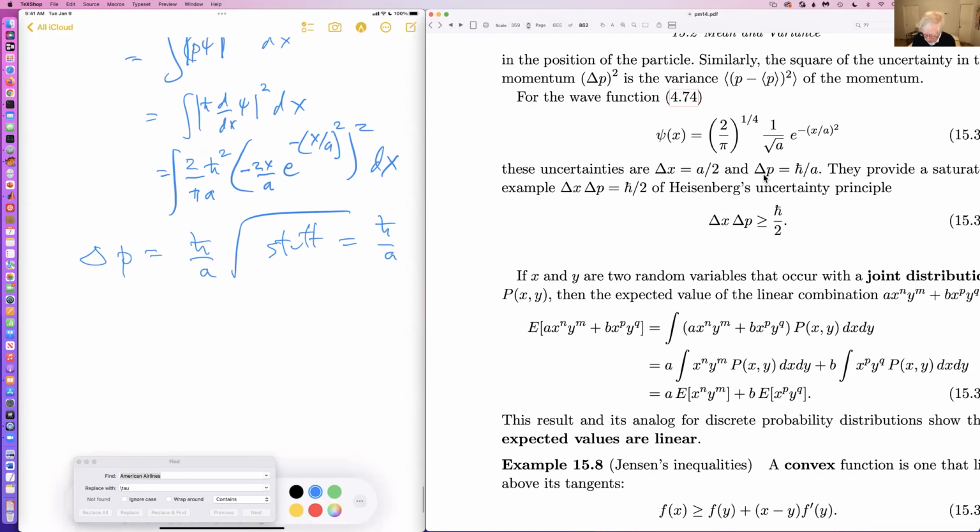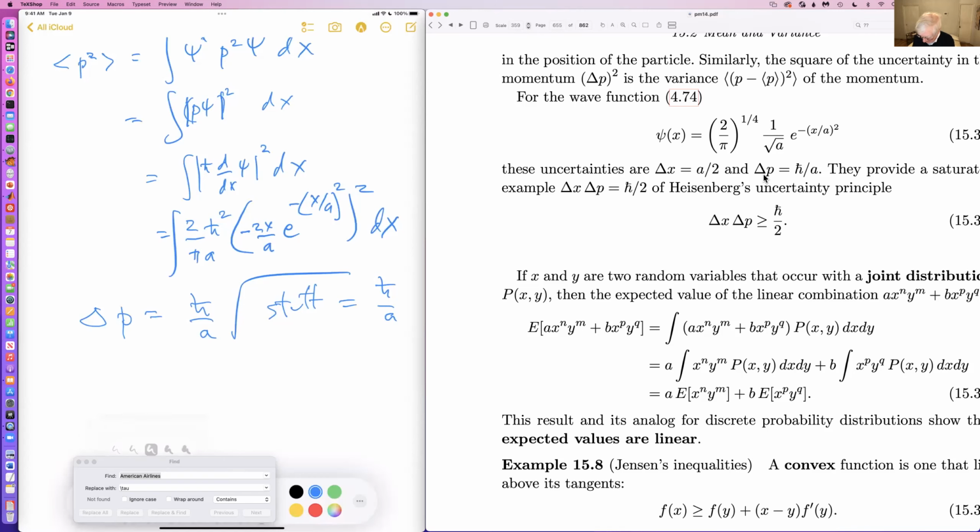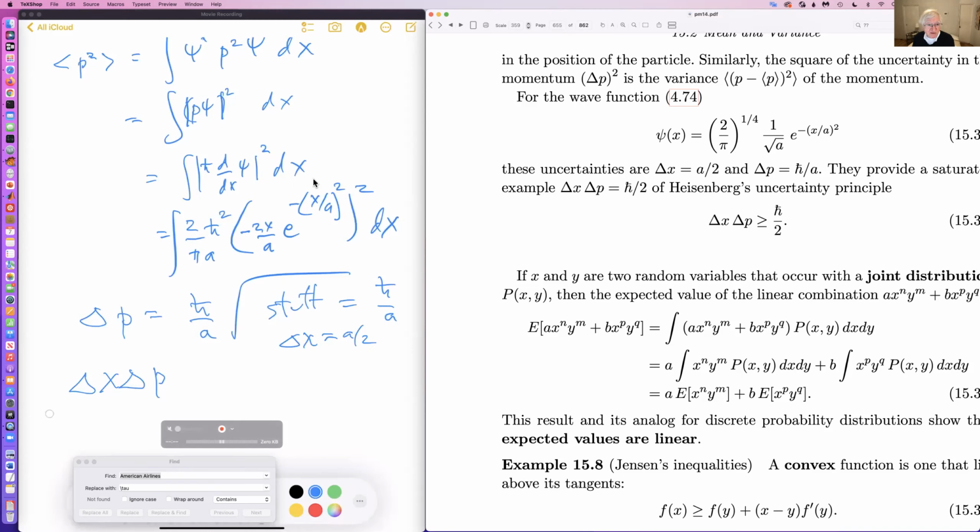And so Heisenberg's uncertainty principle then is delta X, delta P. Well, the uncertainty in X is a over 2, which is kind of obvious from this formula that when X is 0, this thing is 1.